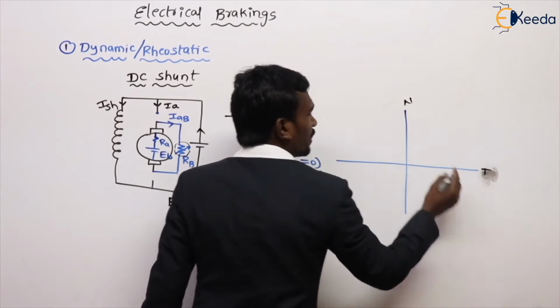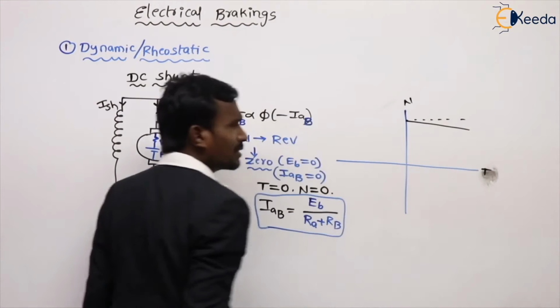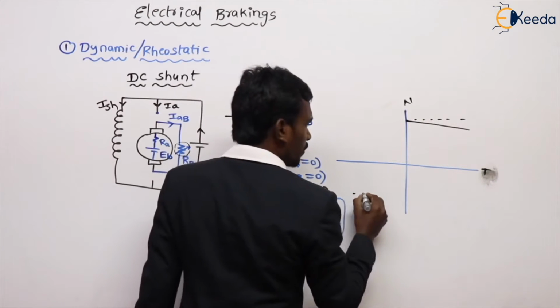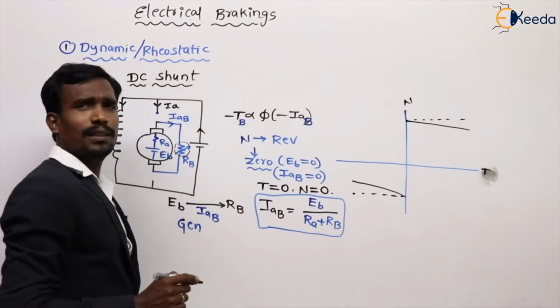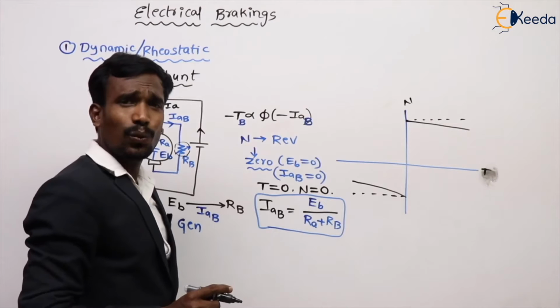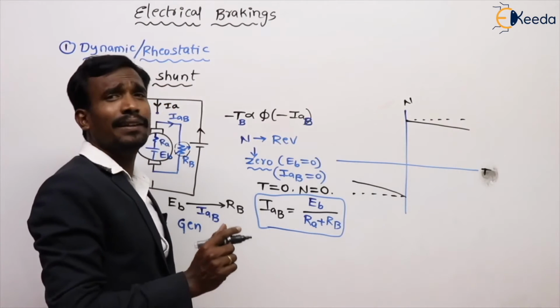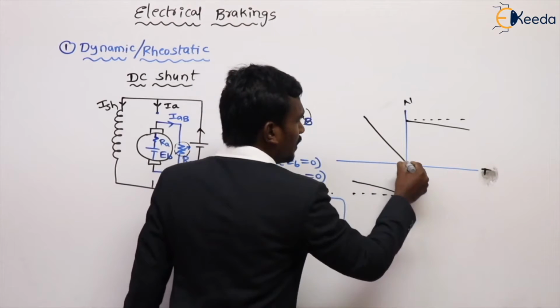The shunt motor speed in the normal direction is like this. The shunt motor in reverse motoring, the speed is like this. But when the braking is applied, what happens? When the braking is applied, the speeds are like this.